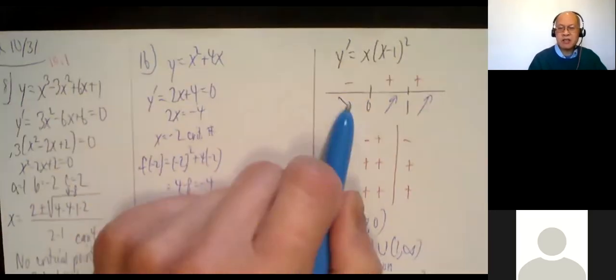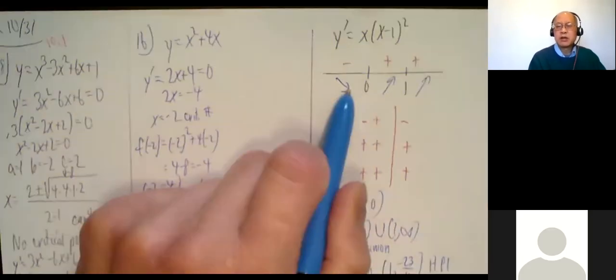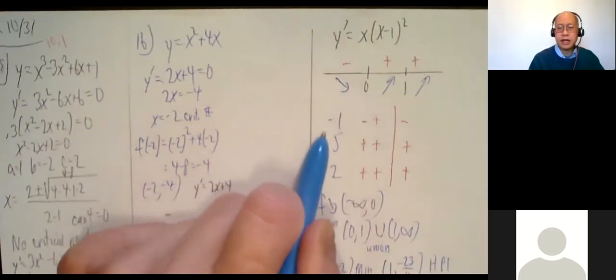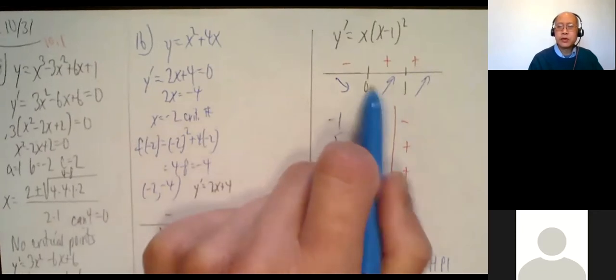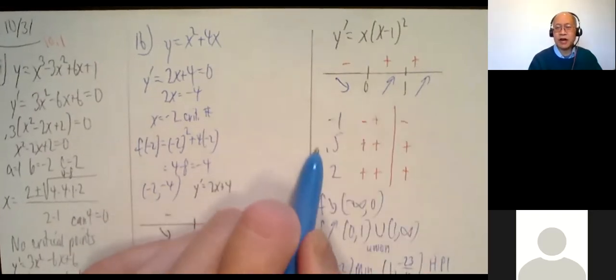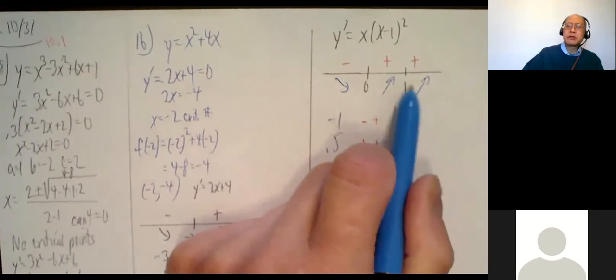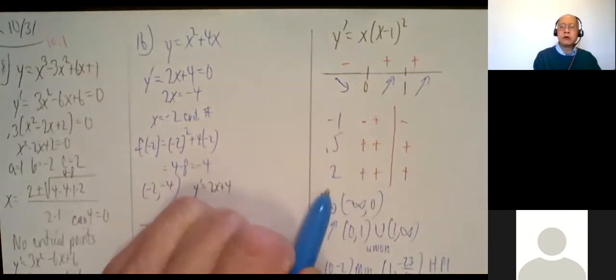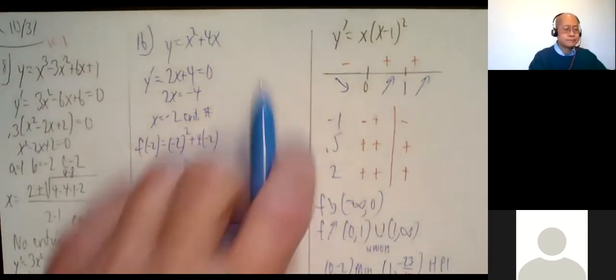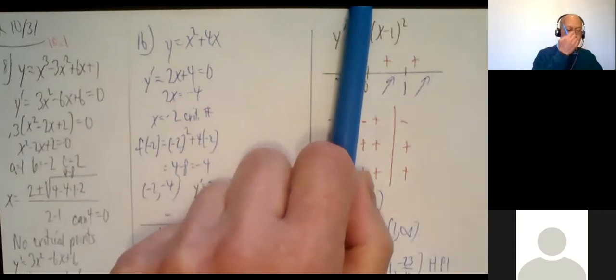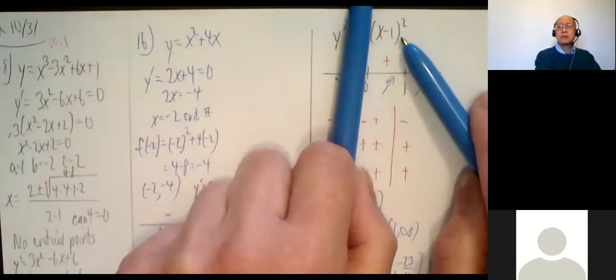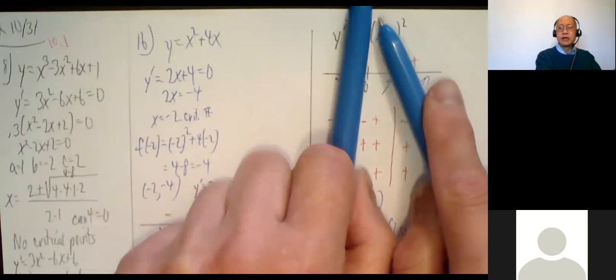So pick something here, something here, something here. So to the left of 0, -1. Between 0 and 1, okay, 0.5. Bigger than 1, 2. Once again, tell me something about x minus 1 squared. It's blah, blah, blah squared.